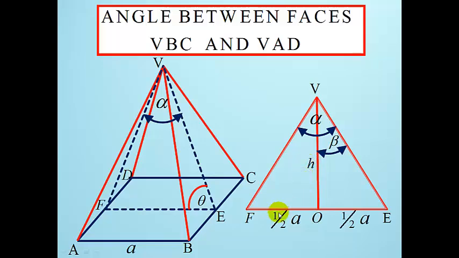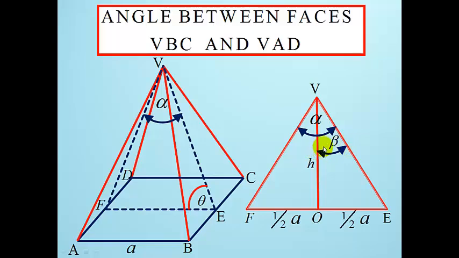Take note that the distance from F to E is the same as the distance from A to B. So if the distance from A to B is A, then it means that the distance from F to E is also A. So if O is the center of the base, then the distance from F to O will be half A, and the distance from O to E will also be half A, since the whole distance is A. Now, considering triangle VOE, beta is an angle.